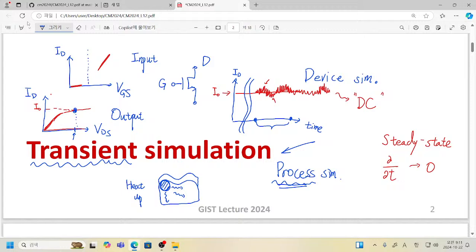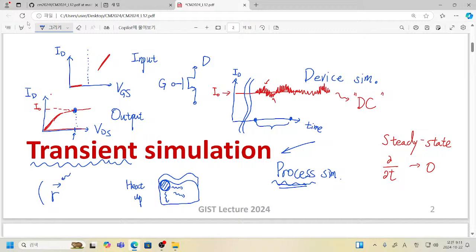So today we will talk about how we can consider these time dependencies in our simulation. Eventually what we will consider is like this. Here we have position dependency of our physical quantities. What are the physical quantities in this case?